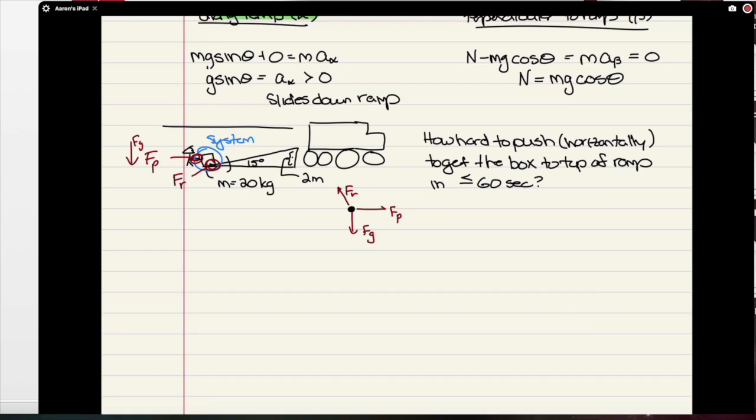Now again, you could look at this in terms of the horizontal and vertical components, or since we're worried about moving things up the ramp, we could instead look at this using a coordinate system that is parallel and perpendicular to the ramp.